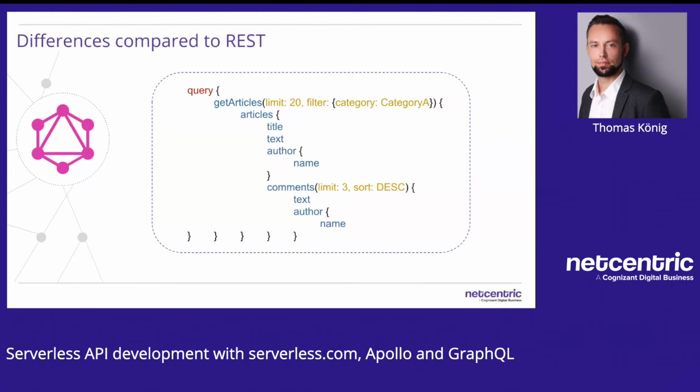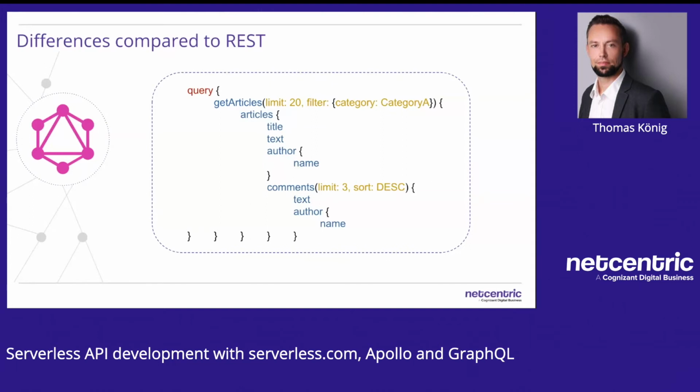And I have a subquery contained here that provides me the latest 3 comments for each article. And for each comment, I need the text and, again, the name of the author who has left the comment on the article. So this is how we would call an API to solve our landing page use case for a blog article system.